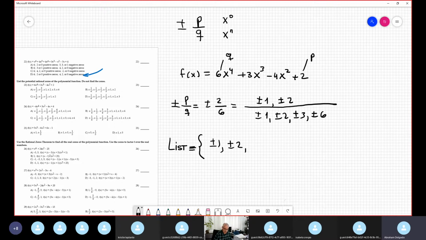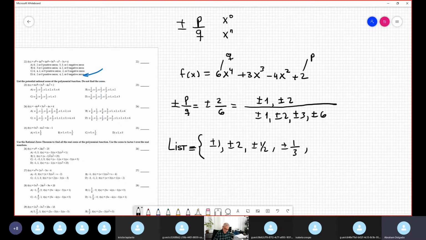Another possibility is 1/2, from 1 and 2. Another possibility is 2 and 2, but 2 over 2 is 1, so I have that. It is not necessary to repeat it again. If you repeat it, it's okay, but not necessary. Plus or minus 1/3 is 3 and 1.